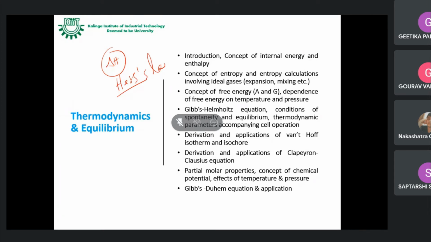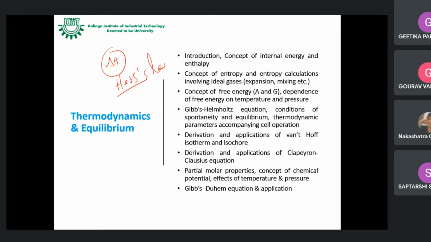As far as driving forces are concerned, you may be thinking that whenever there is a heat flow, the driving force is temperature gradient. Whenever there is a work flow, the driving force is potential gradient. Whenever there is a current flow, the driving force is potential difference.